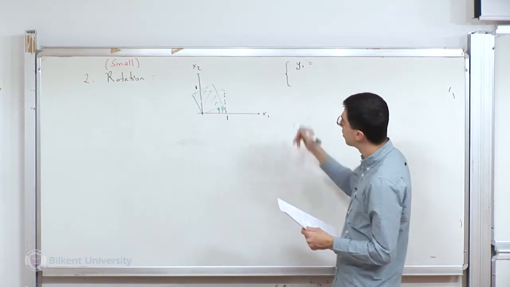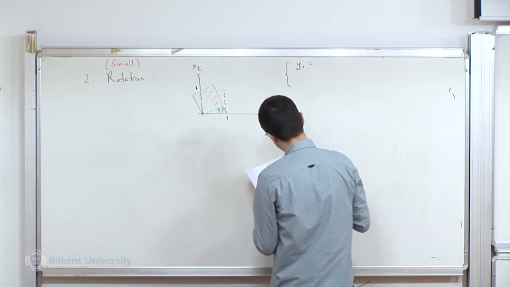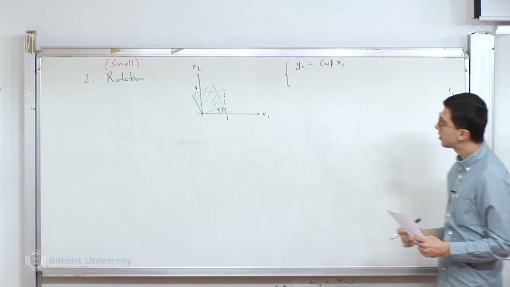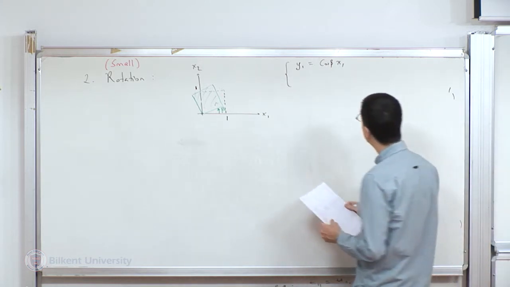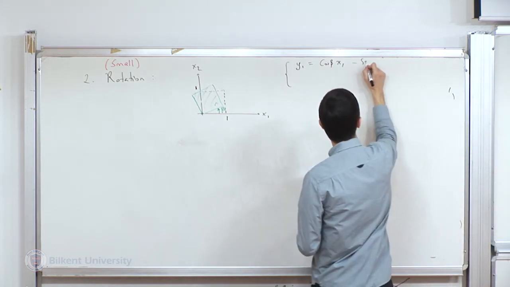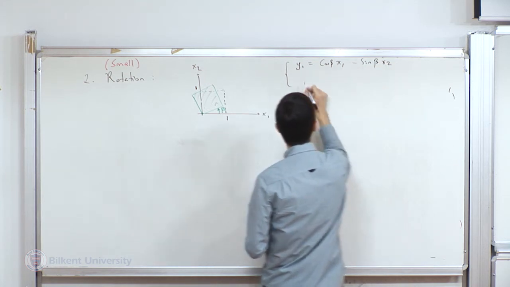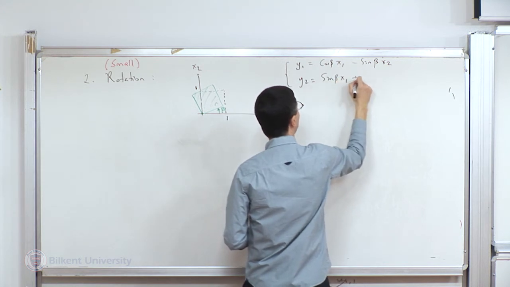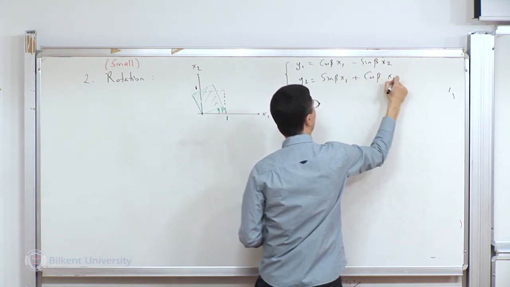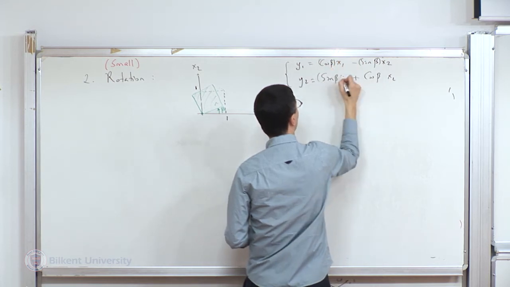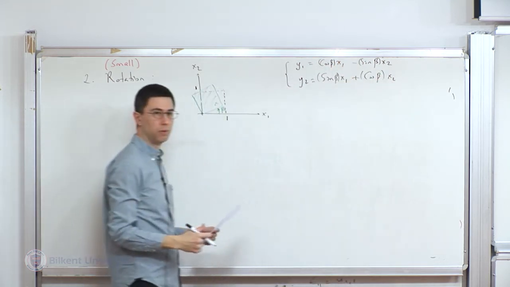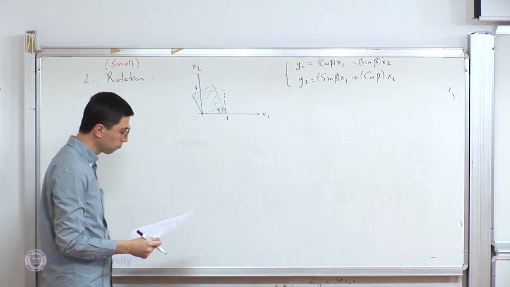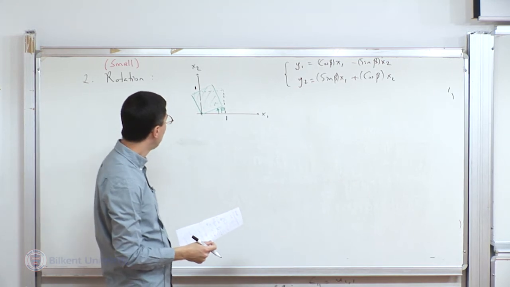So if the original coordinates are x1 and x2, the new coordinates are given by, for this type of counterclockwise rotation, y1 equals cosine beta x1 minus sine beta x2, and y2 is given by sine beta x1 plus cosine beta x2. Okay, so that's what the new position of any point looks like.